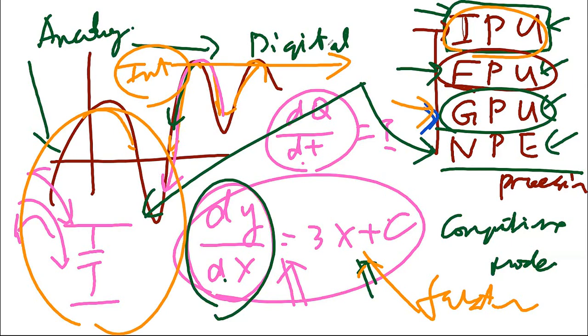Is that okay? So basically, you invent a different processing engine based on a different computing model, say integral model or differential model, and for that model you have specialized hardware to process it for you.